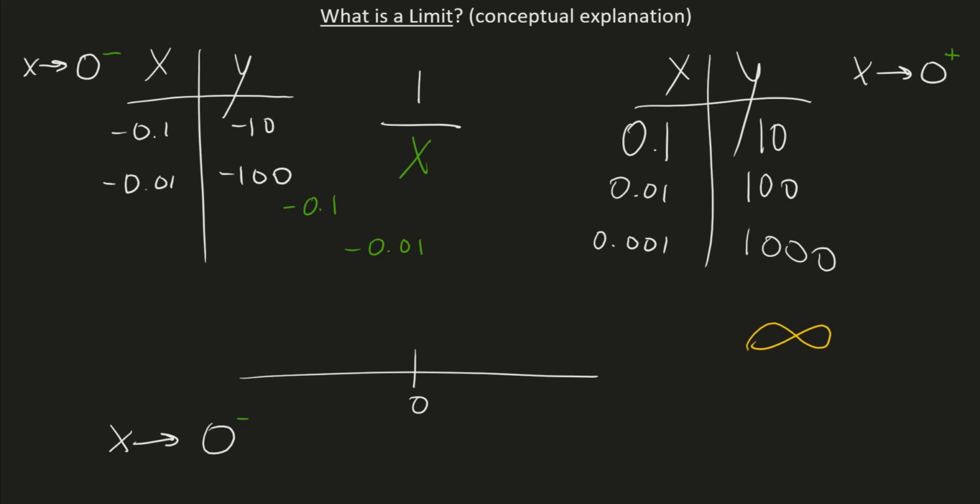The end of the story is that it doesn't end. As we keep making that x get closer and closer to 0, but from the left-hand side, the y, the output of this equation, will approach negative infinity. It'll be a negative 1,000 and negative 100,000 and on and on and on.